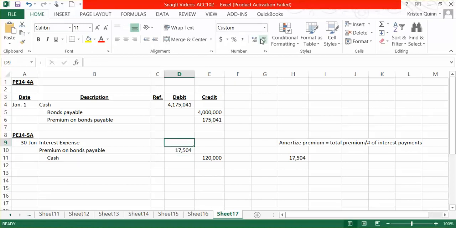The amount of interest expense that I'm going to record is simply the difference between the amount of cash I'm sending to the bondholder that I'm contractually obligated to send and the premium that we are amortizing. So for this premium, we are only going to record $102,496 in interest expense.